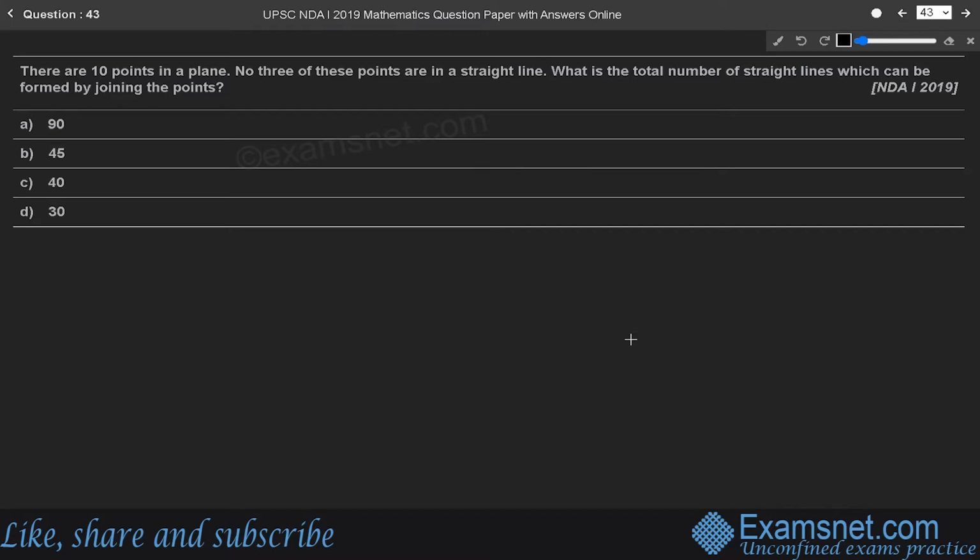We know that the total number of straight lines which can be formed by joining the given 10 points, total number of points is 10, will be 10C2. So 10C2 will be equal to 10 into 9 upon 1 into 2. It will be 45. So the total number of straight lines is 45. Therefore the correct option is B.